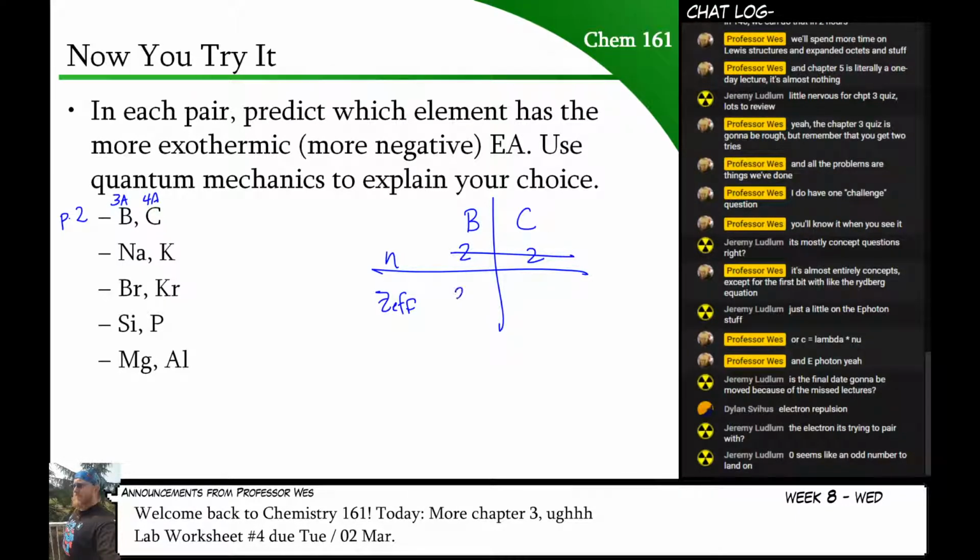But Z effective for boron is 3+, and this is 4+, and none of these are exceptions. That's why I'm labeling them. So they're falling the same distance, so it's a wash here. But this is a stronger attraction, so carbon should have the more negative electron affinity.